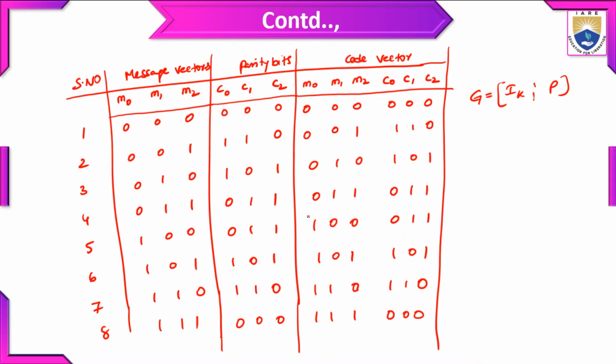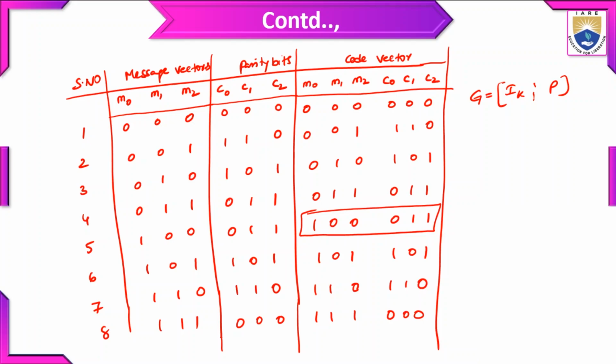For example, in this code, 100 is the message and 011 is the parity. By observing the generator matrix, we can decide which side has the message bits. Since my identity matrix is on the left hand side, my message bits are on the left hand side of this code. So this is the code.